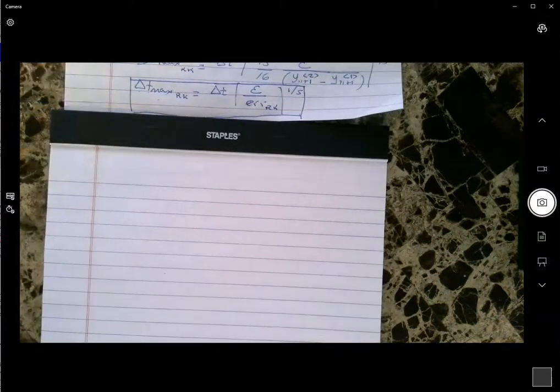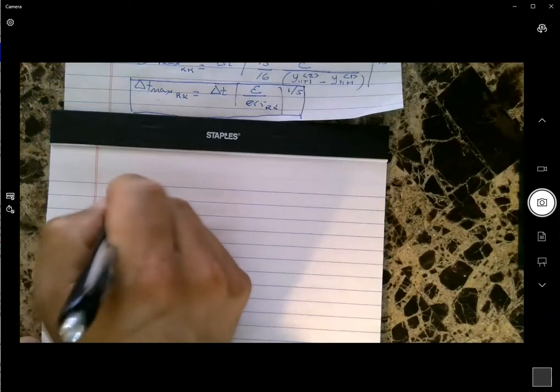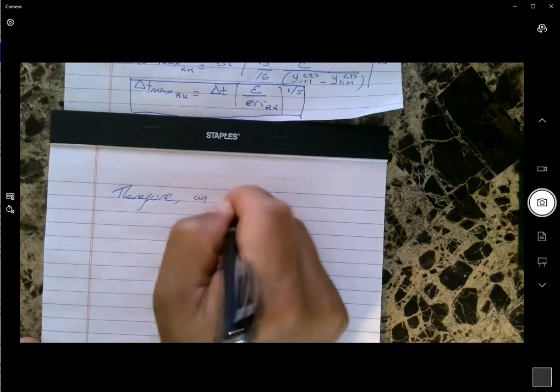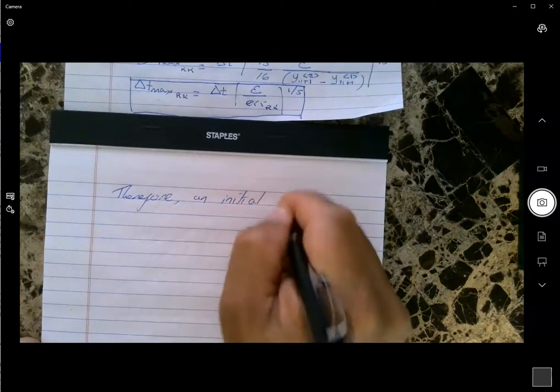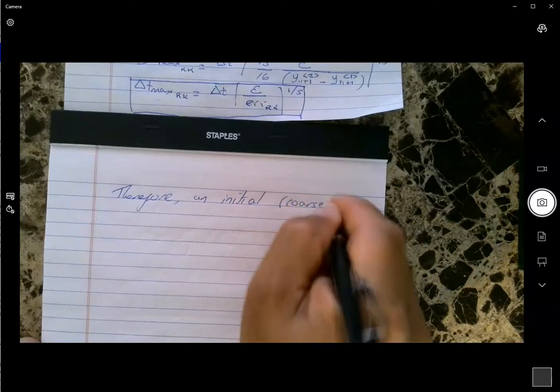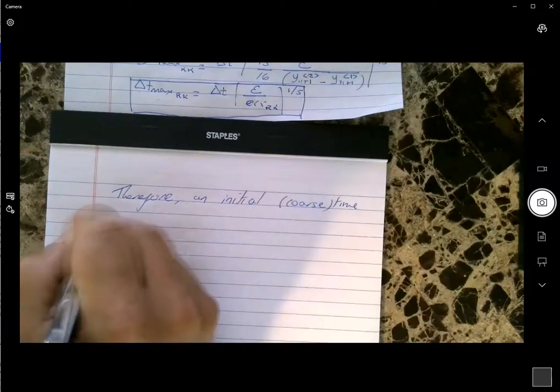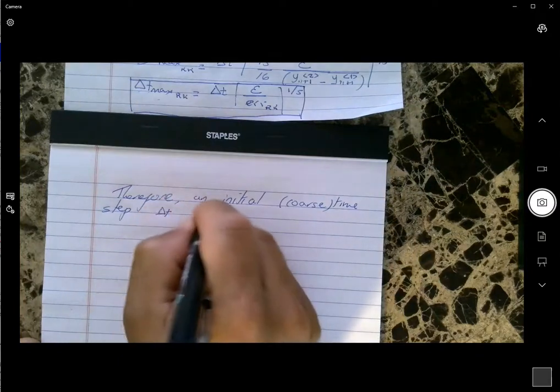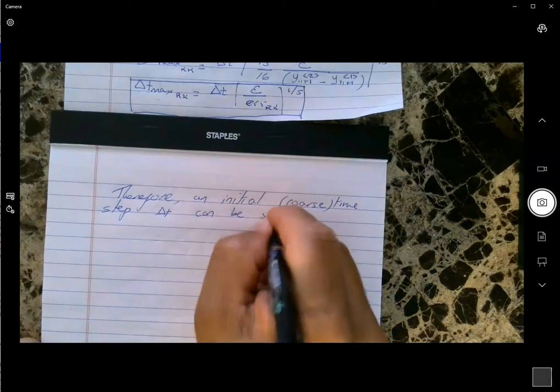All right. So therefore, an initial coarse time step delta T can be set up.